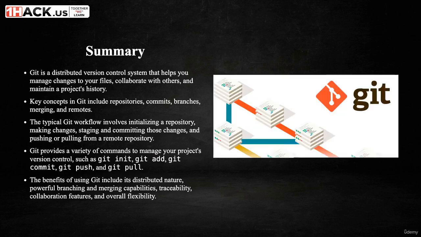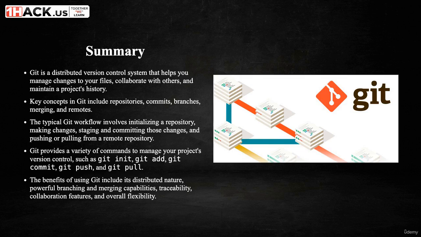In summary, Git is a distributed version control system that helps you manage changes to your files, collaborate with others, and maintain a project's history. We covered the key concepts in Git, including repositories, commits, branches, merging, and remotes. We also walked through the typical Git workflow, from initializing a repository to making changes, staging and committing those changes, and pushing or pulling from a remote repository.